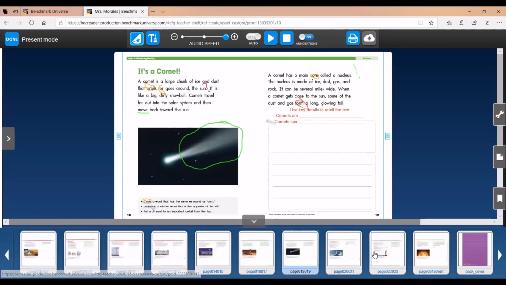Raise your hand if you could see how my work was saved there, my annotating. So if you can go on to benchmark, then do it on benchmark. Remember, the paintbrush and the hammer, then you go to the cloud, you save, and then you go to the blue square when you finish your work and press Done.